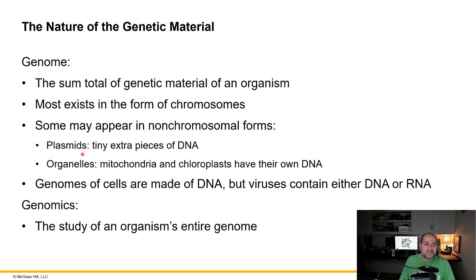And these plasmids can be passed from organism to organism, giving different organisms these traits. Remember, plasmids are tiny pieces of extrachromosomal DNA that are typically found in prokaryotes, but can be found in eukaryotes as well.